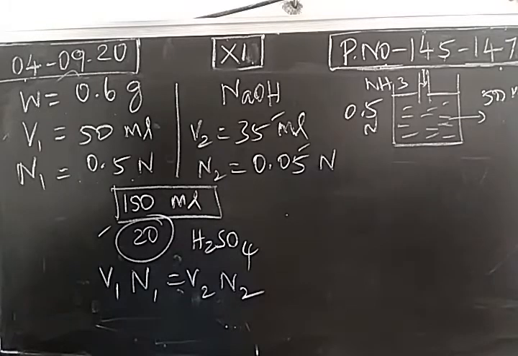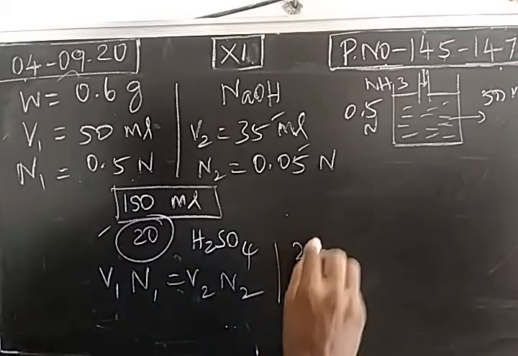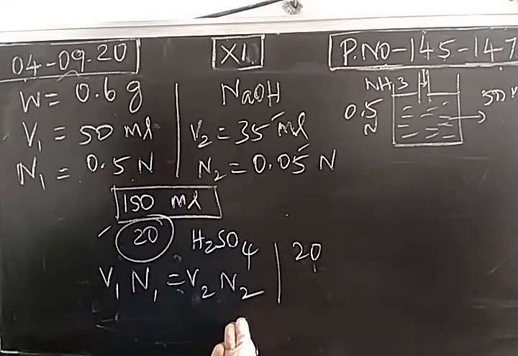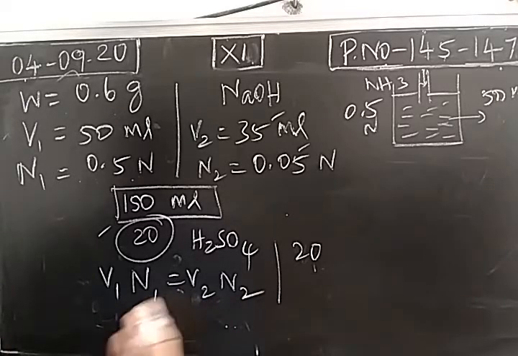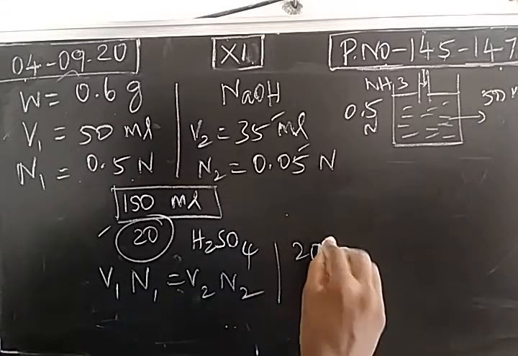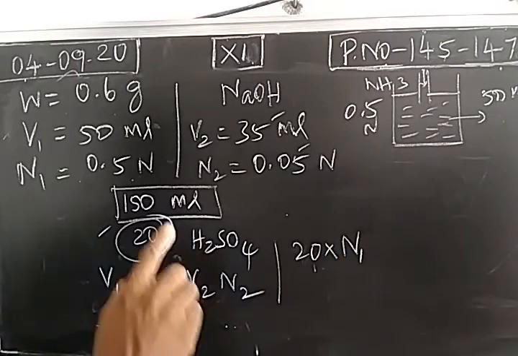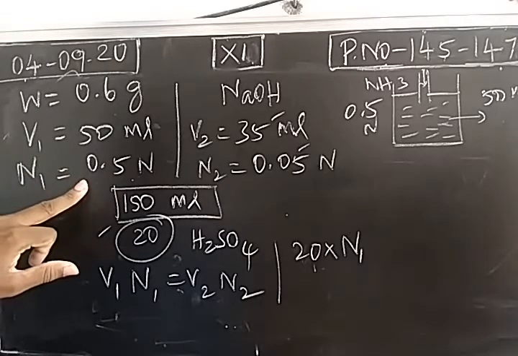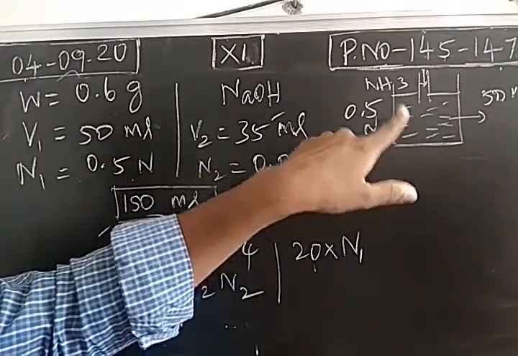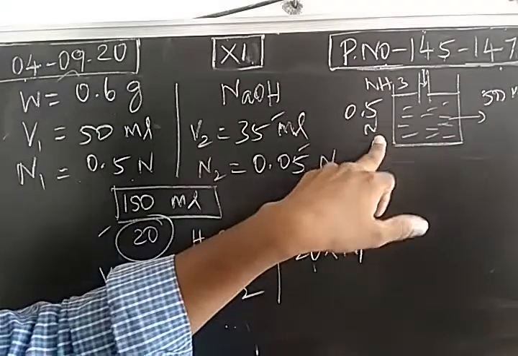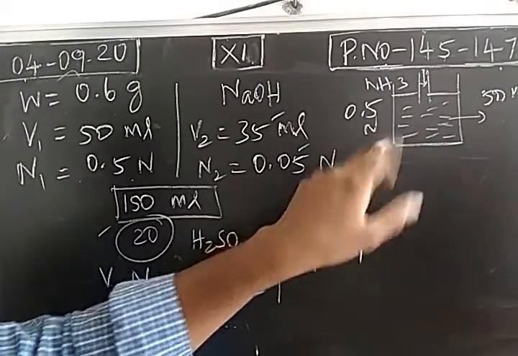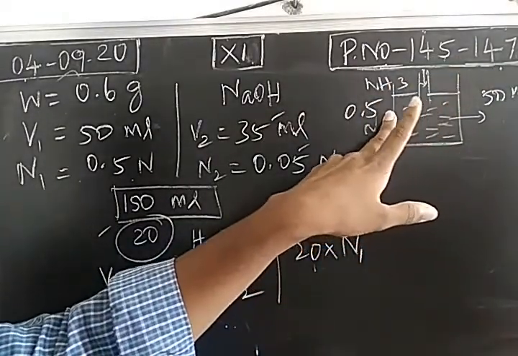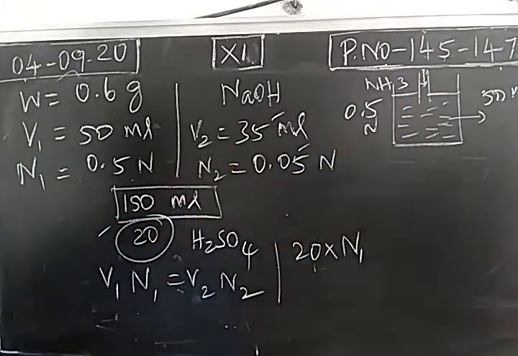For the acid, V1 value is 20 ml, taken using the pipette. The normality is unknown. For this dilute solution, we don't know the concentration. During Kjeldahl's method, the sulfuric acid concentration was 0.5 normal. After dilution, what is the concentration?